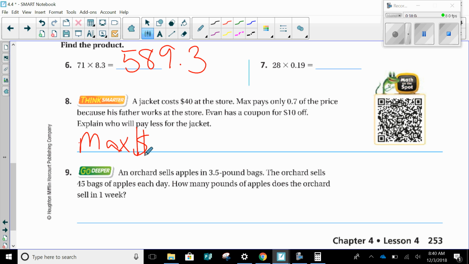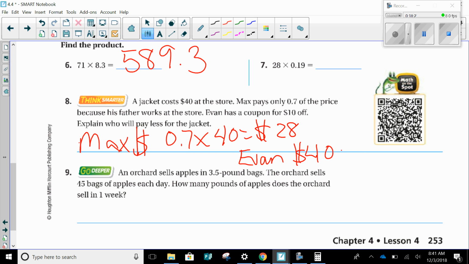X is going to pay $40. That's $28. And Evan is going to pay $40 minus $10, giving me $30.